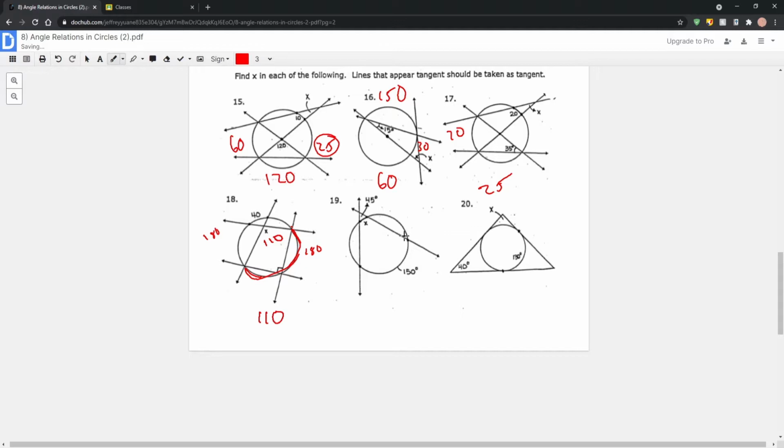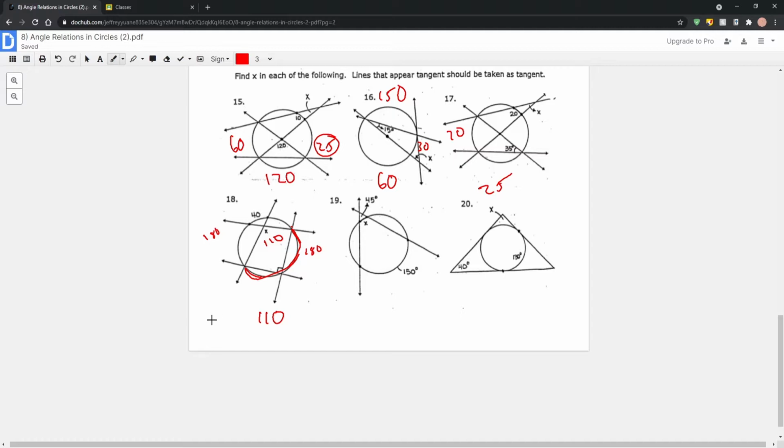Alrighty, so you got 45 as the angle here, 150 and x. How are we going to do this one? Let's see. I'm just thinking a little bit.